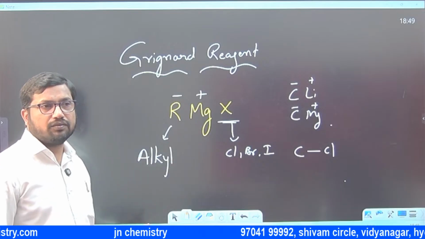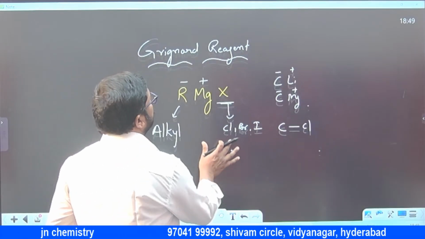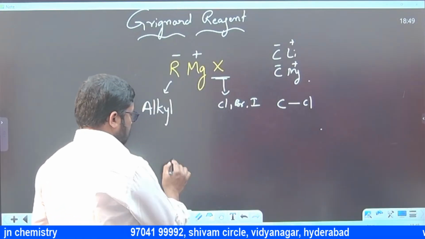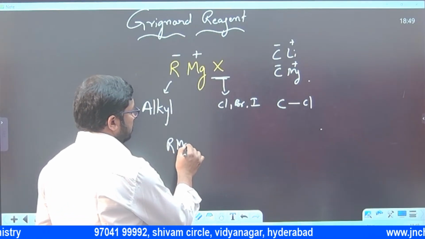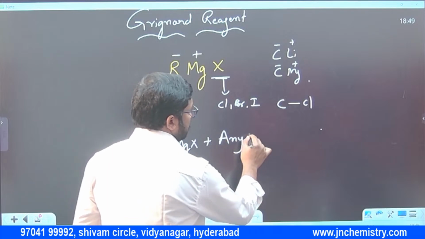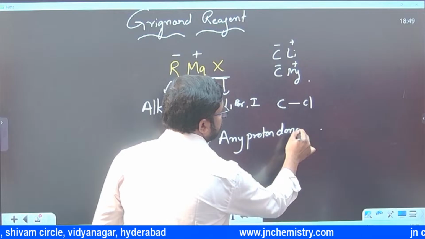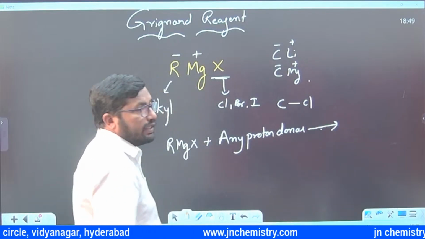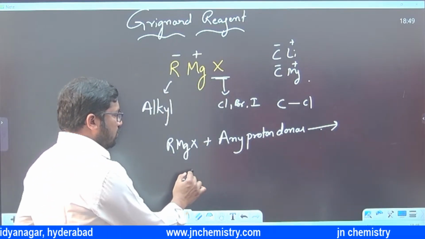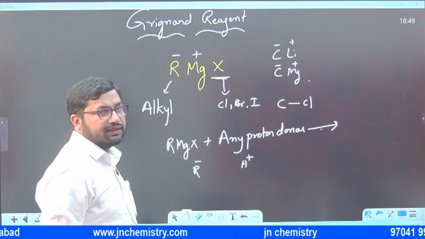So generally RMgX plus any proton donor, you will get R minus coming over here. It is from H plus, proton, nothing but H plus.